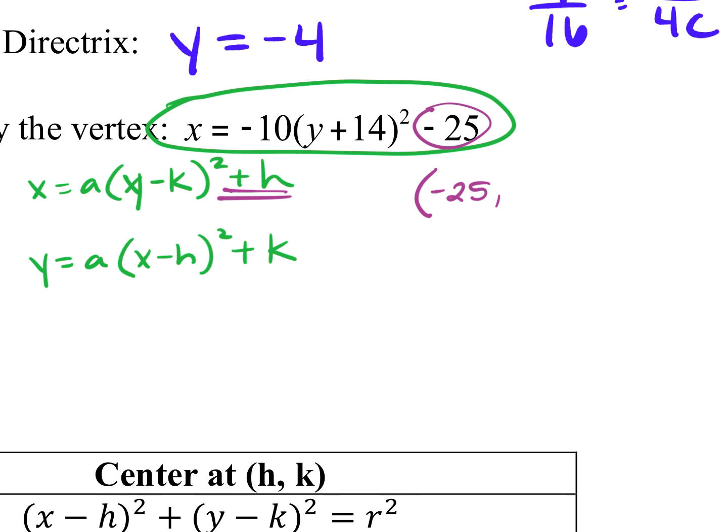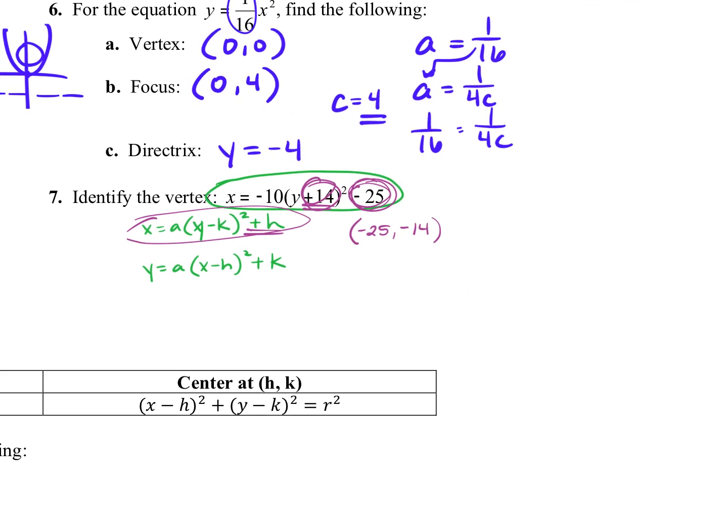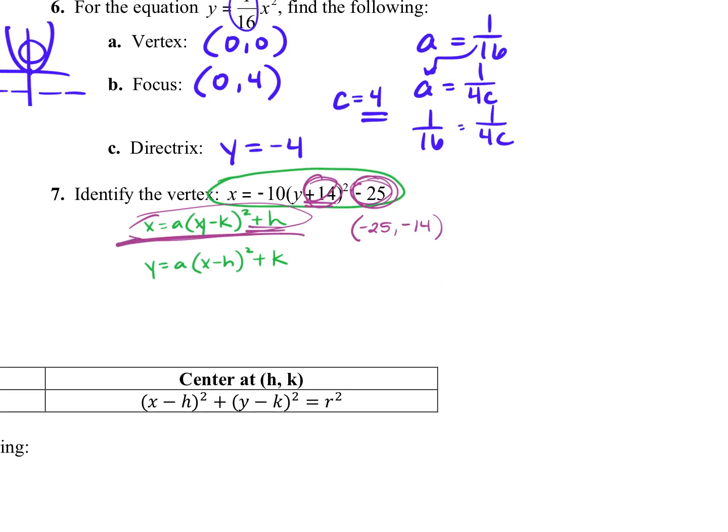So if this is minus 25, you're adding a negative 25. We're using this formula, which means your K value is what? Negative 14. So opposite of what it looks like inside, the same as what it looks like outside. That's the vertex of that equation.